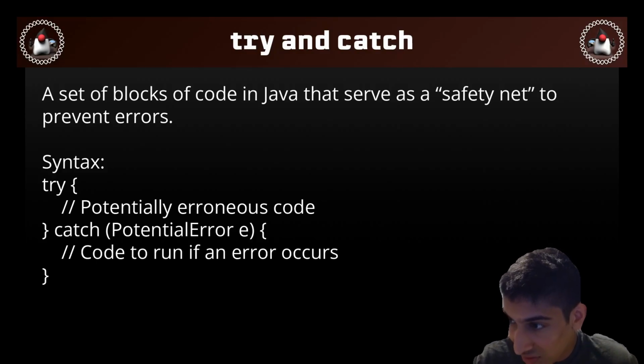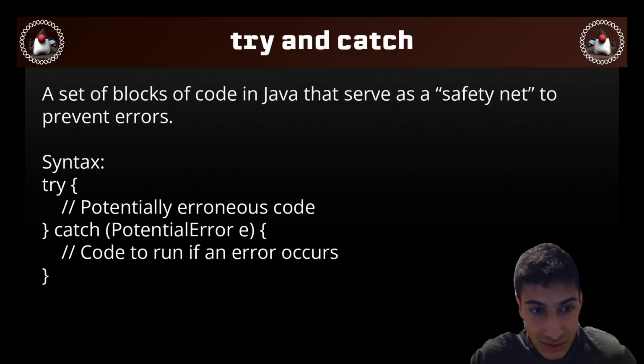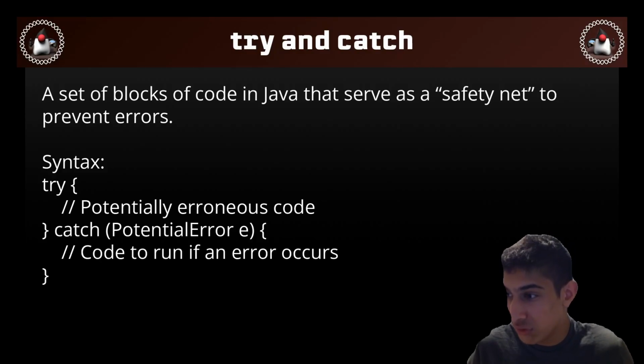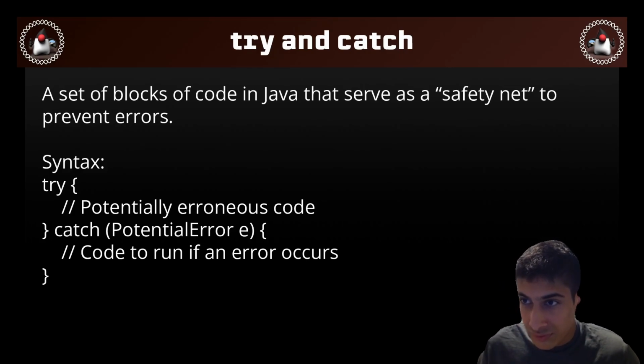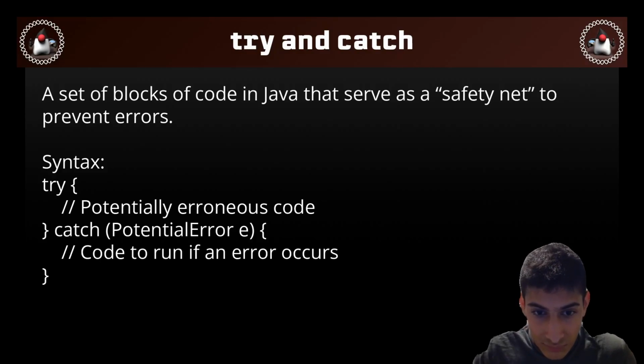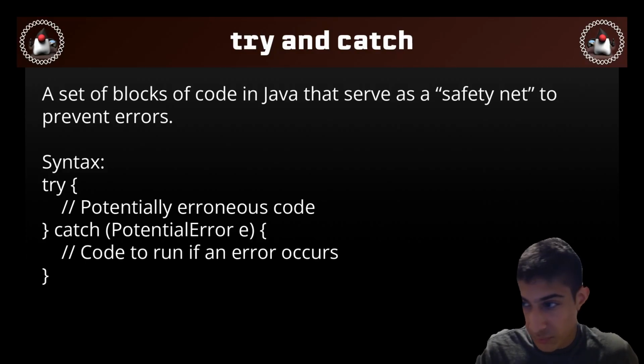So the syntax is, instead of if and then the condition, there's just the keyword try, and inside the try block is the code that could potentially produce an error. So in our case, that potentially erroneous code would be that code that actually gets the input from the user for their favorite number.